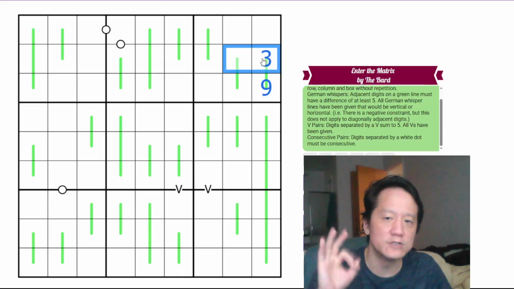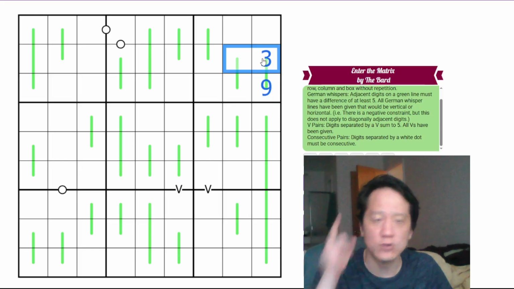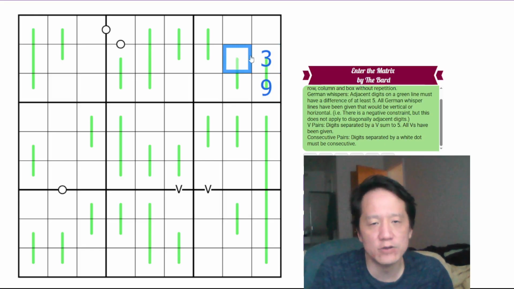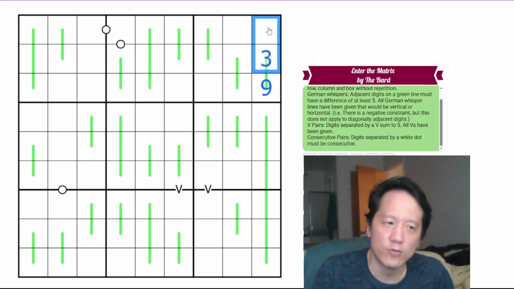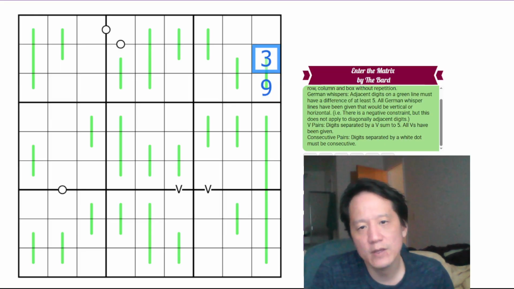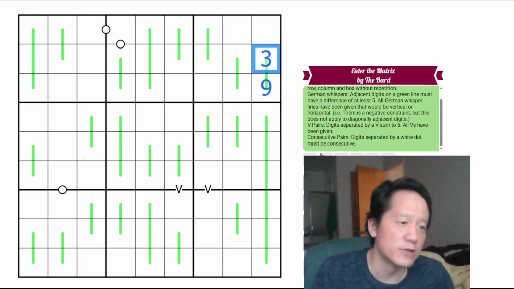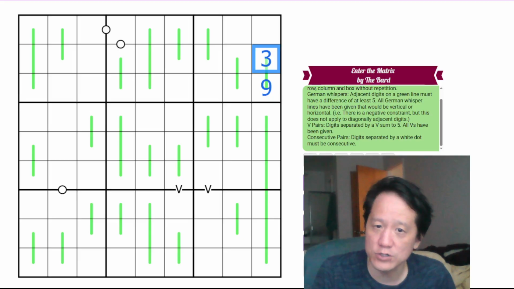All German whisper lines that would be vertical or horizontal are given, and there is no German whisper line between these cells, and no German whisper line between these cells. So therefore, these cannot be 8 or 9 here, if this was 3. And that's how German whisper lines with a negative constraint work.